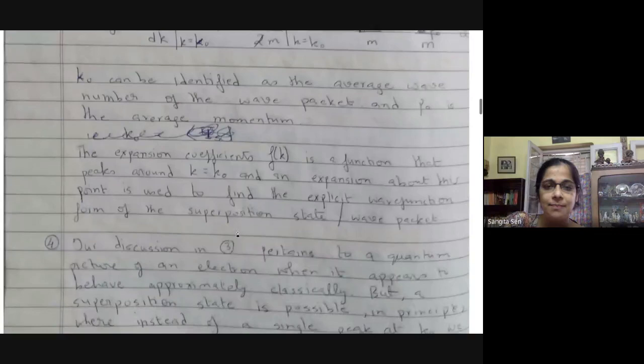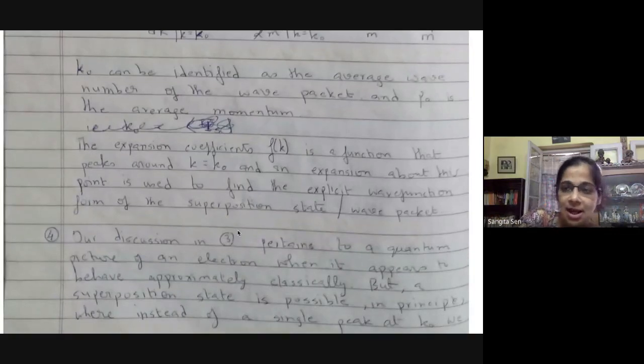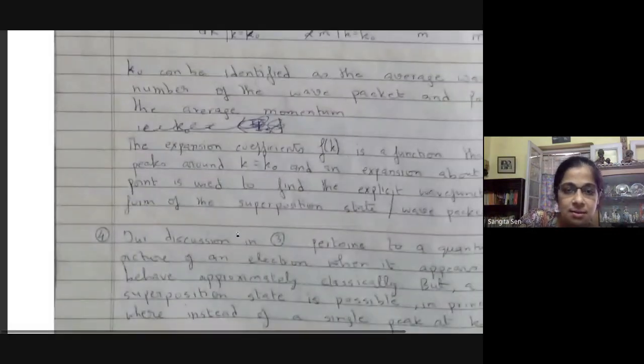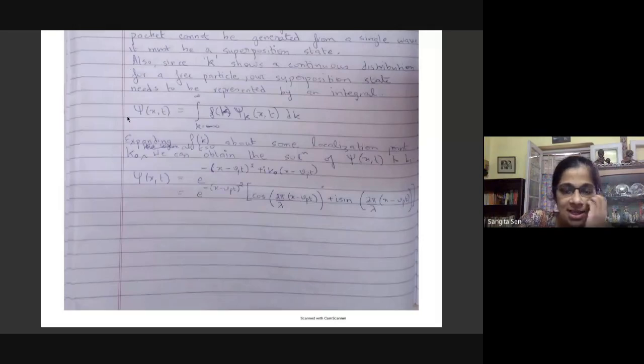Okay, and so if you remember in the last class, we had an expansion for the superposition state, which was an integral of the various stationary state functions with some coefficients. And because it is a continuous distribution, you have an integral, and it's also just a function instead of a sum over some coefficients.